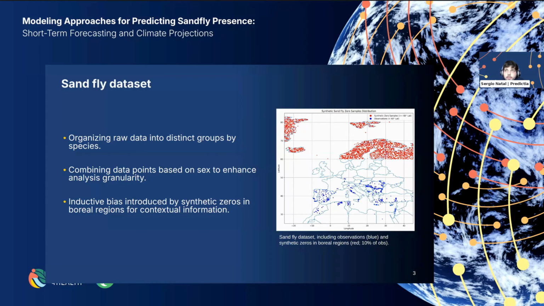I mean, people who go to the field tend to go to those points or locations where they can find sandflies. So for this modeling task, it's important to introduce some zeros.